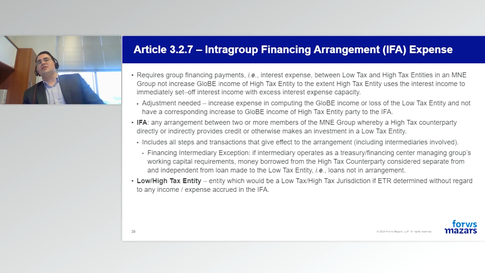So if you have this kind of arrangement, you may want to also think about what this does from a hybrid arbitrage arrangement perspective when you're modeling for the transitional CBCR, because that is a little more of an all-encompassing adjustment.